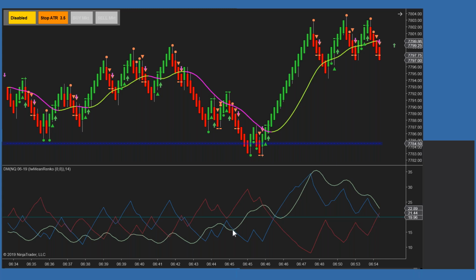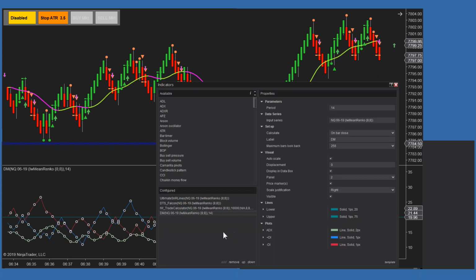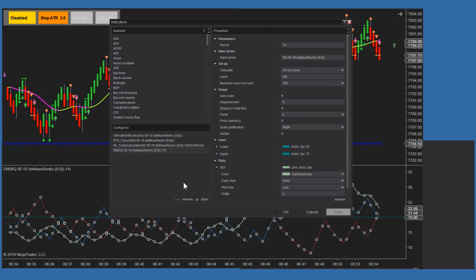One thing I will show you is that sometimes people like to speed up the ADX. Now remember, the ADX was an indication of your trend. What you can do, if you want to speed it up, is the ADX on the DM indicator.